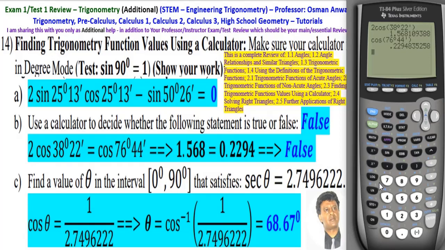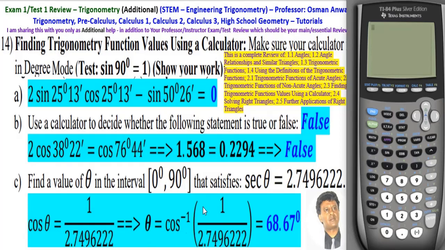For C, let's clear here. For C, it is finding the theta. So sec theta is 2.7496222. But now notice in the calculator there is no sec key, there is no sec, cosec and cotan are not here. So what we need to do is convert the sec into cosine. So cosine is 1 over sec, which is 1 over 2.7496222.